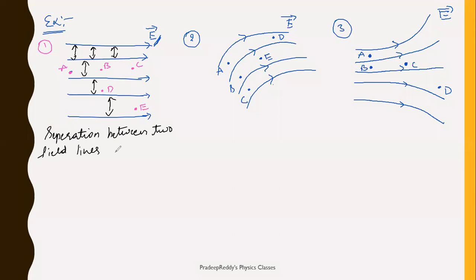Therefore, what does it represent? It is uniform electric field, because separation between two field lines is neither increasing nor decreasing. It is uniform electric field.